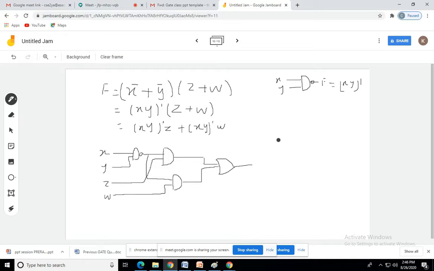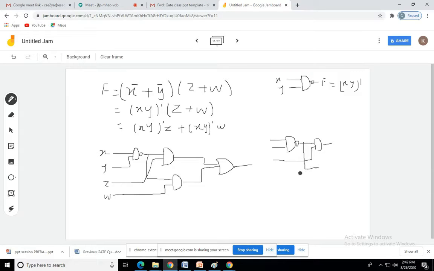So here we convert this: XY is already an AND gate, and Z here, so this is an AND gate.